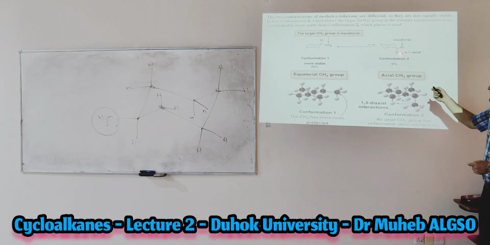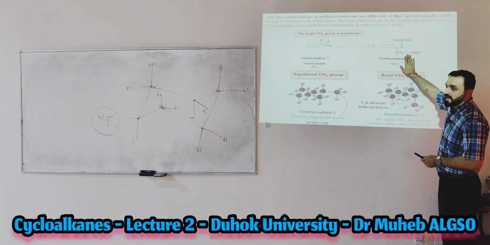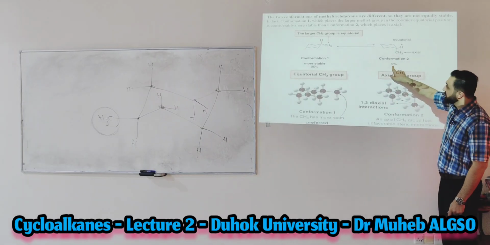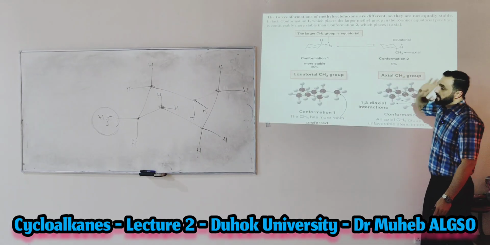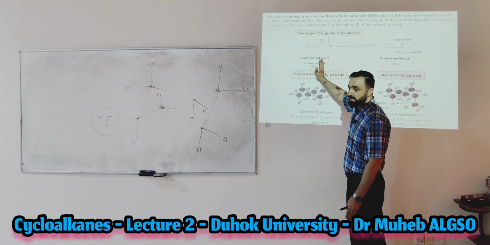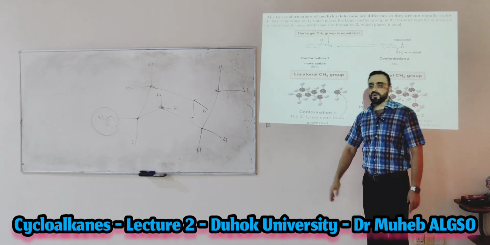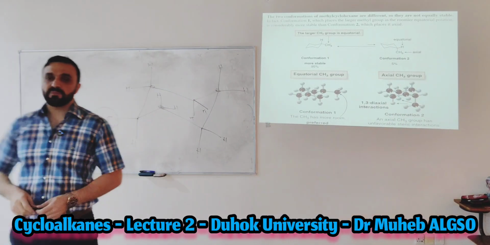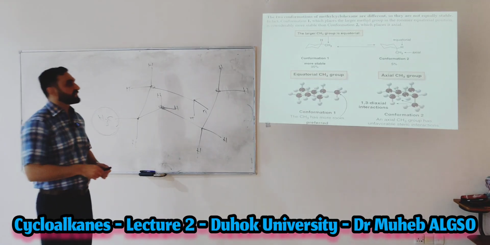This is more stable than the second conformation, and if you look at the second conformation, the methyl group is in the axial position, and the percentage of this conformation is what? Just 5%. Okay, that means most of the conformations of the substituted cycloalkane will be in this chair form, when the CH3 group or the alkyl group is in the equatorial position.